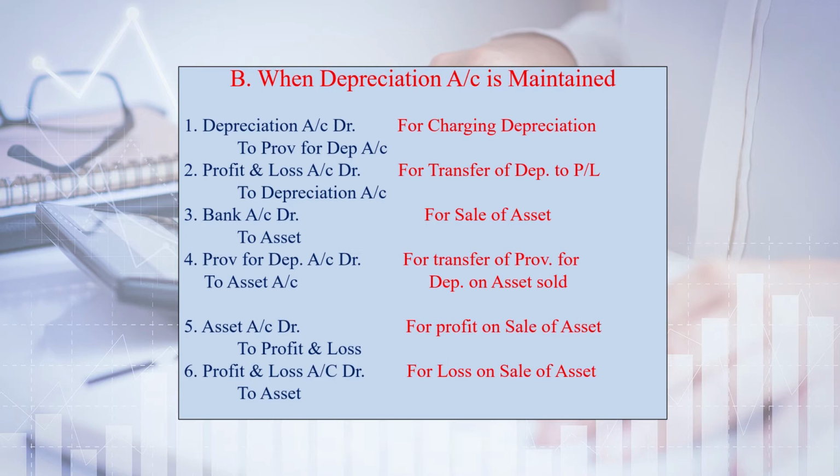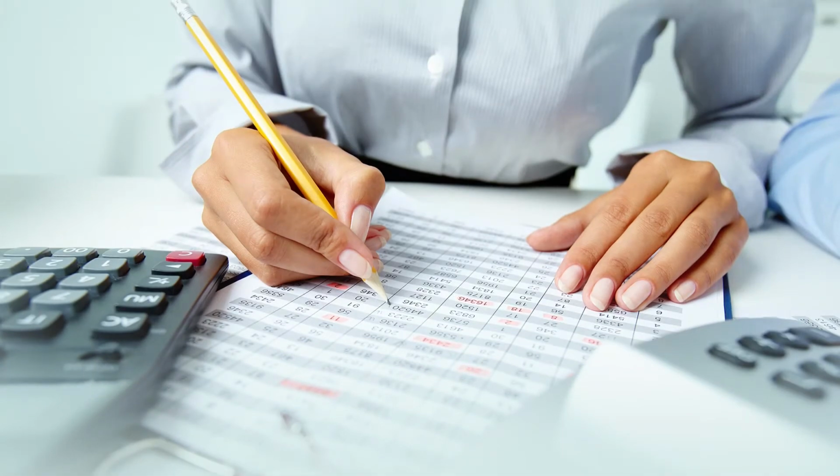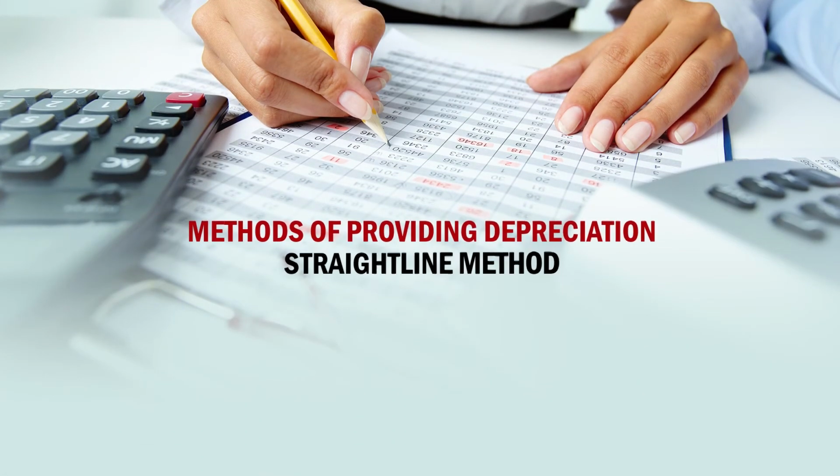profit and loss, and in case of loss the entry would be reverse and it would be profit and loss account debit to asset. Methods of providing depreciation. Well friends, there are many methods of providing the depreciation, like straight line method, diminishing balance method, sum of years method, and there are other methods also.